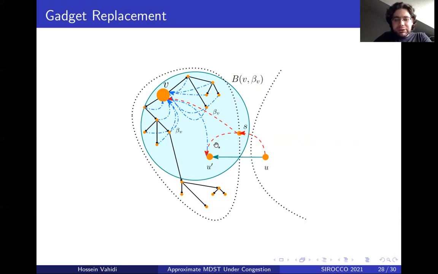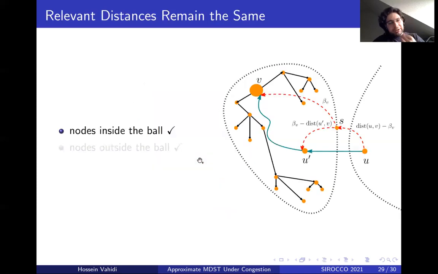So we have to be more careful here. But the important thing here is that for all the nodes inside the ball, if they want to utilize these edges, they have to go outside the component and use one of these boundary nodes and use their respective edges to again come back inside and go to node V.